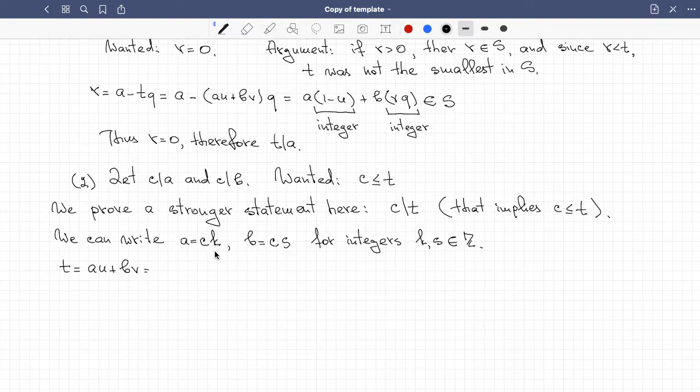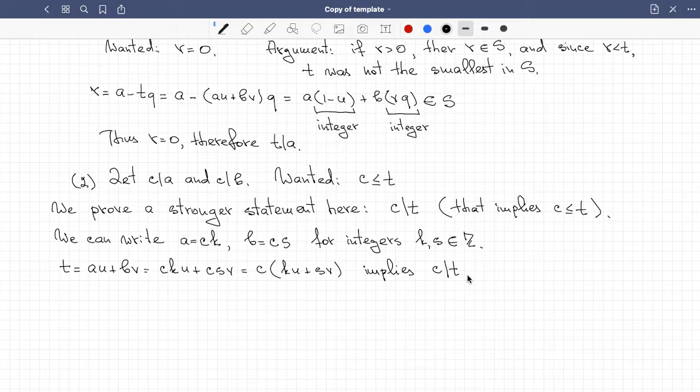A can be rewritten as CK U plus B, which can be rewritten CS V. And we factor C out: C times K U plus S V. Since K, U, S, and V are integers, T is equal to C times an integer, and that is, by definition of the divisibility, C divides T.